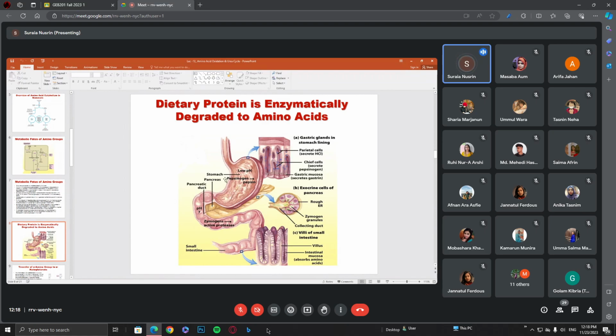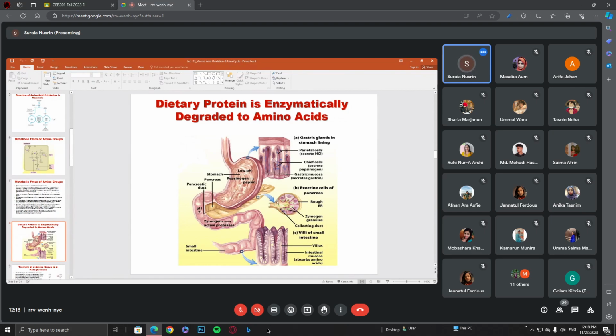After that, the partially digested protein goes to the small intestine, and you can see in the small intestine the pH is 7, that is the alkaline pH, whereas the stomach pH was acidic. Here the pH is 7 due to the alkali secreted from the pancreas.